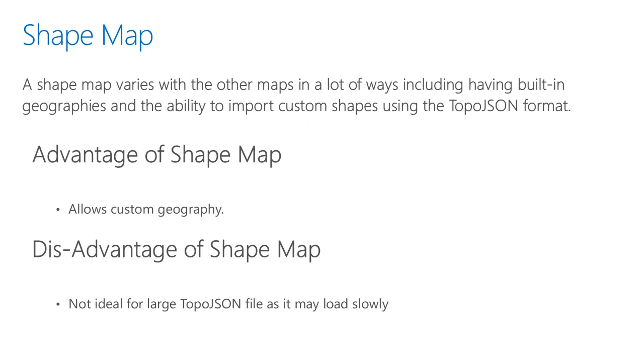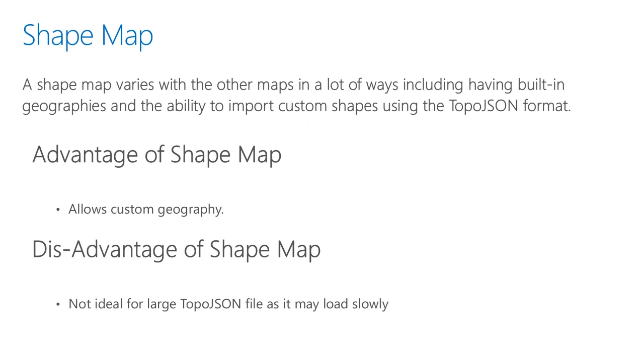But let's say you want to visualize data on Africa using a shape map, you will not be able to show this unless you input a custom shape JSON file on Africa. So that is one of the recommendations of the shape map.